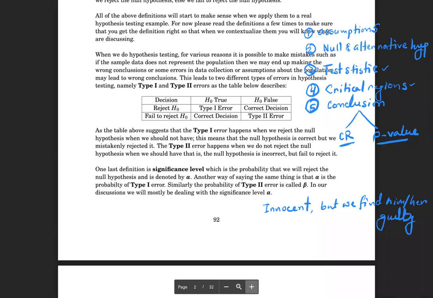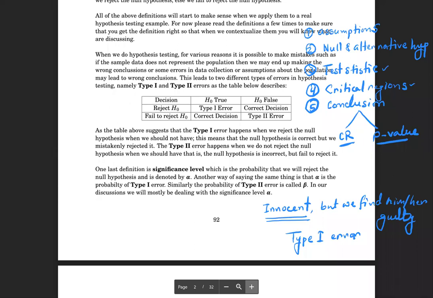The person goes on trial, but in reality the truth is that the person is innocent. But through the judiciary system, we make the person guilty and punish him or her. We made a mistake, and that type of mistake is called type 1 error.